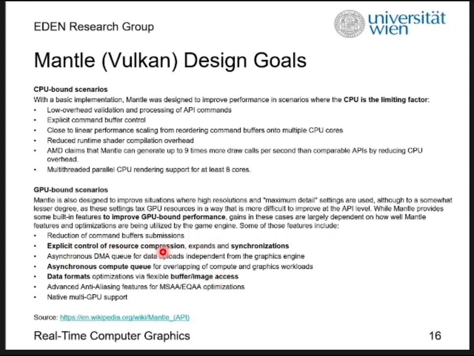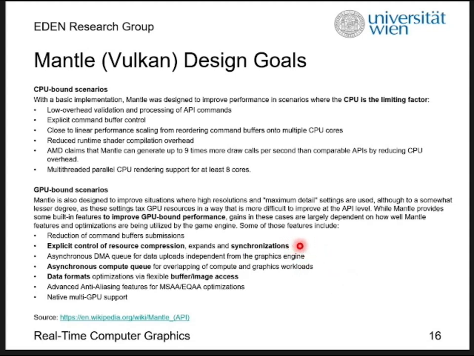Explicit control of resource compression and synchronization for the resources. You have compute queues where you can overlap compute and graphics workloads. So you can do rendering, then you can use some kind of a compute queue on top of the rendering and interleave that and make everything in parallel. Of course, you have to make sure that stuff is only used when it's ready.